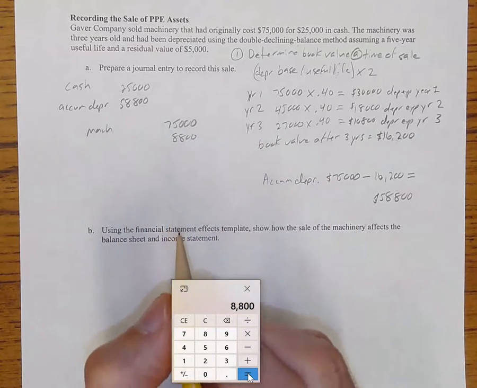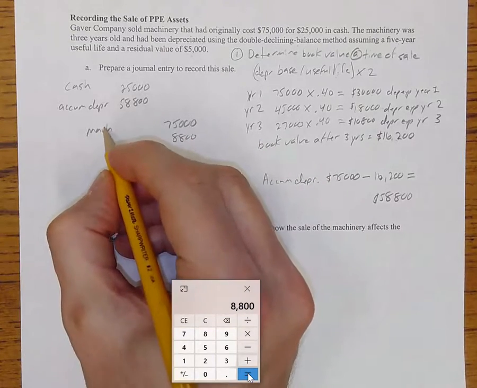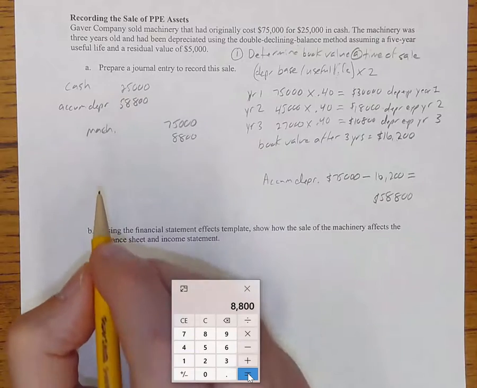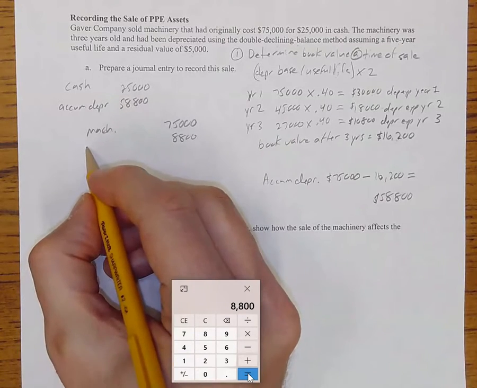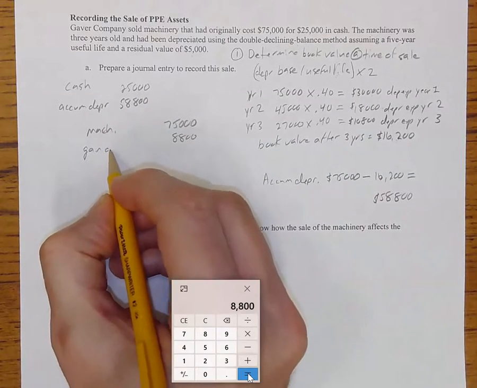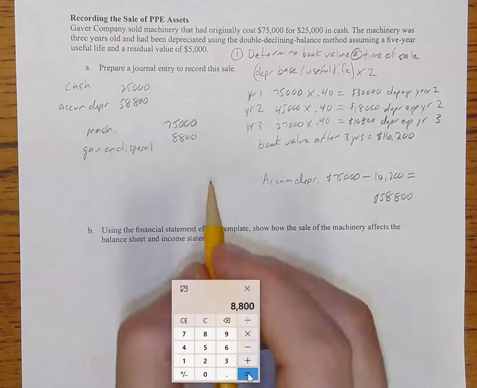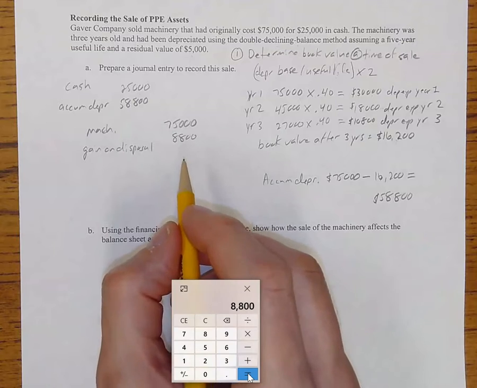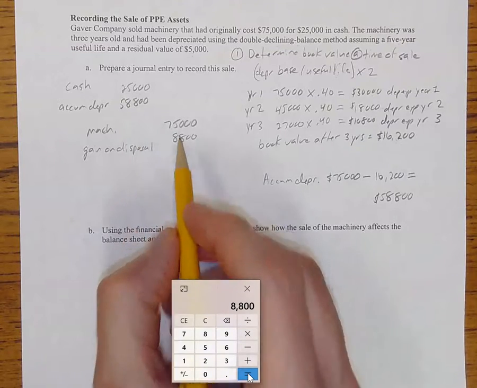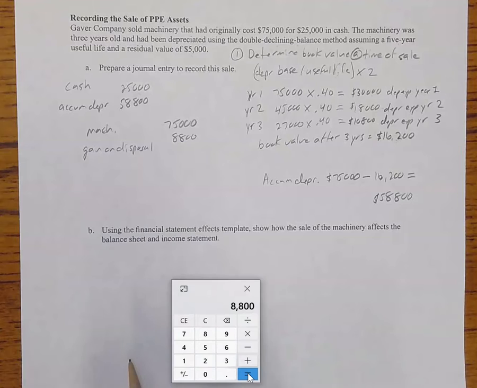Okay, and we call that, I'm going to clean this up here, that's machinery, gain on disposal. Okay, not exactly lined up real well, but gain on disposal, $8,800. Okay, and now we have a journal entry that balances, and they always have to balance.